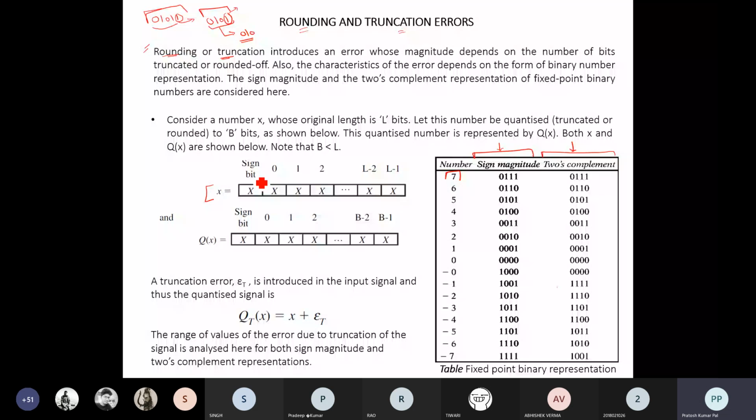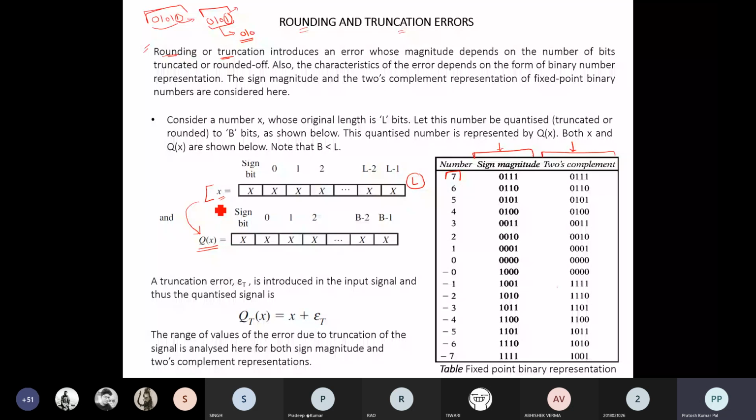So l is the total length of this x number. x is a number represented in either number system, sign or 2's complement representation, and it has a length of l bits. Similarly, we have another number, the quantized form of this number, represented as Q of x, the quantized form of the x number.